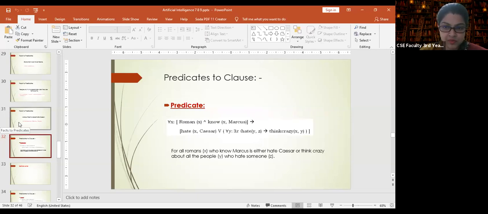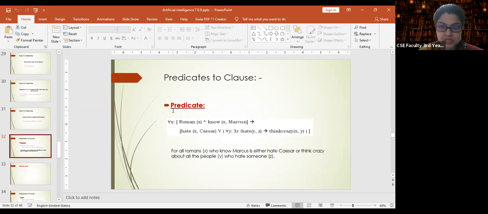some kind of format we learned in the last class, where we use the for all sign, exist sign, or sign, and implies sign, the implication sign. Then by applying a few rules, we will convert it to the clause.